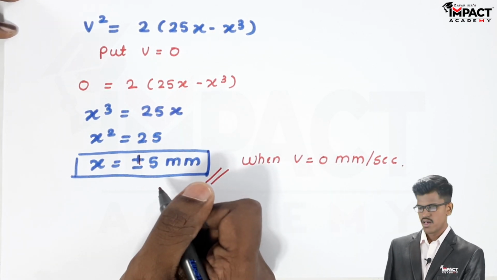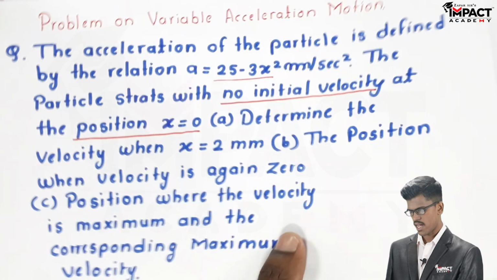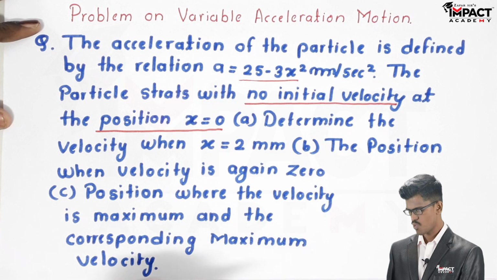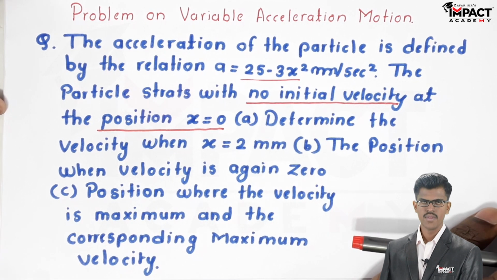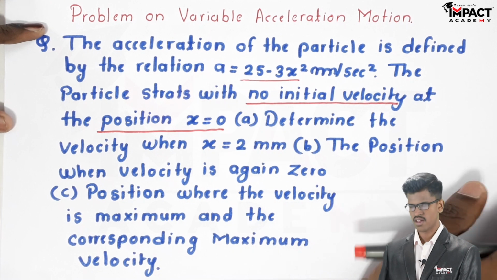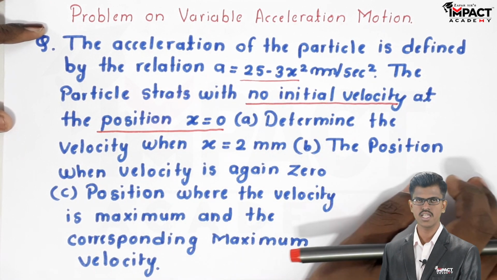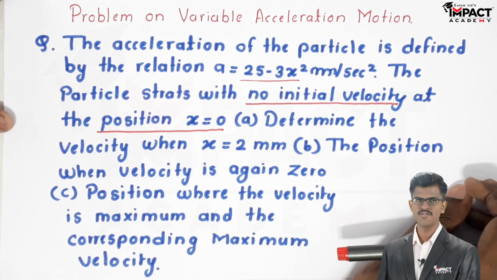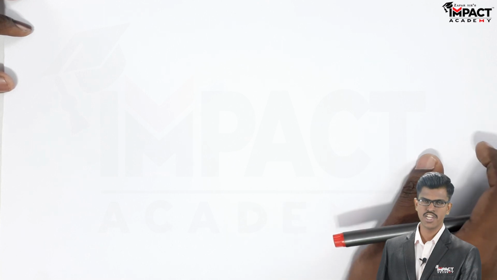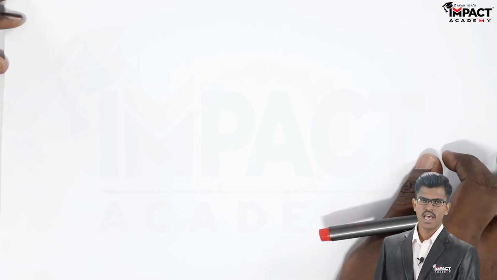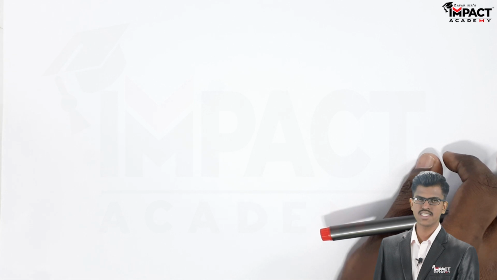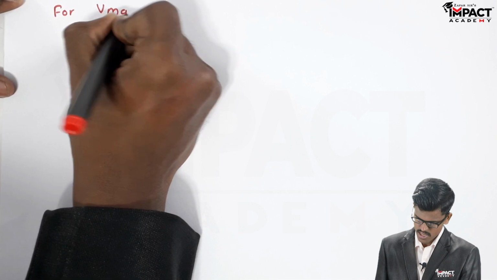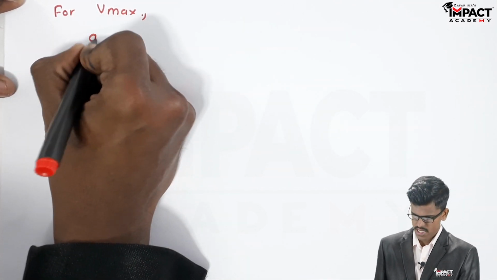Our third unknown: we have to find the position where velocity is maximum and the corresponding maximum velocity. In this question we use the maximum function concept. The concept says that if we differentiate the velocity we get the acceleration, and at the maximum value of v the acceleration is 0. So for v max, acceleration is 0.